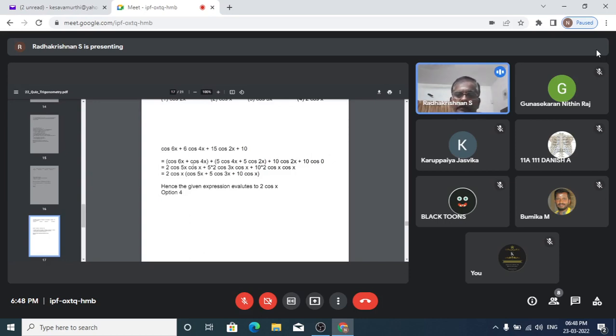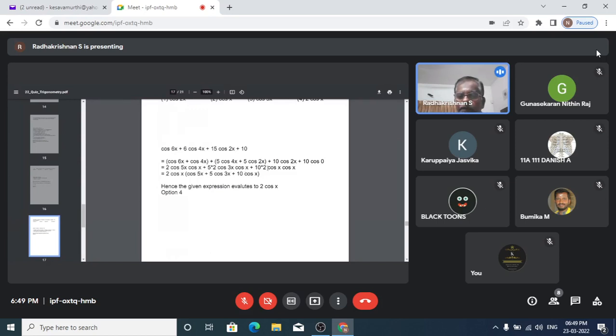So you see that now we have written it in cos A plus cos B format. So that will be 2 cos A plus B by 2 cos A minus B by 2. Therefore it becomes 2 cos 5x into cos x. Similarly this is 5 into 2 cos 3x into cos x.